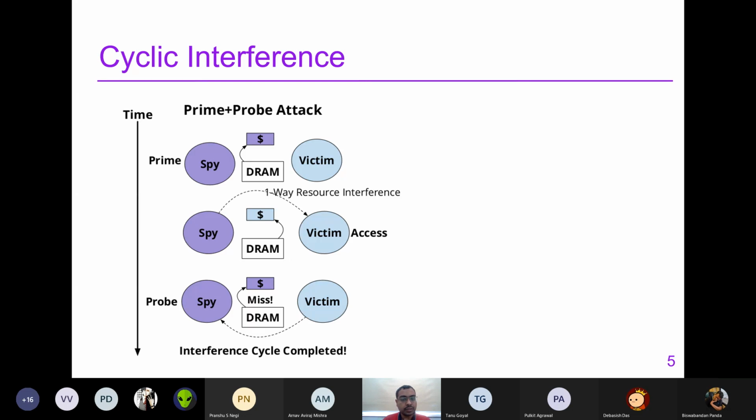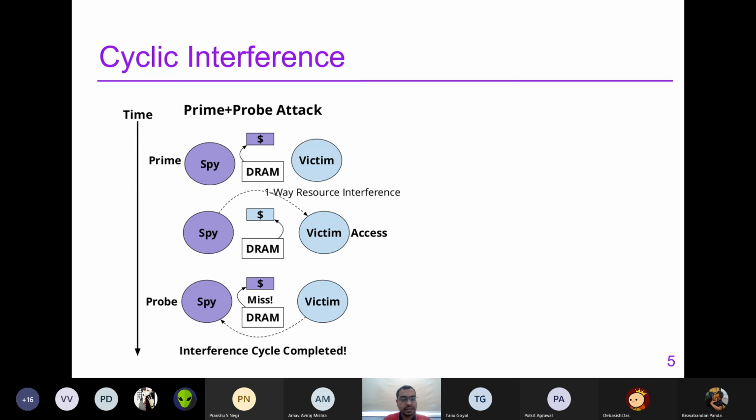Suppose you have this scenario, you have a spy and a victim. This is the prime+probe attack scenario. First the spy primes the cache, that is, he fills the entire cache with his data.